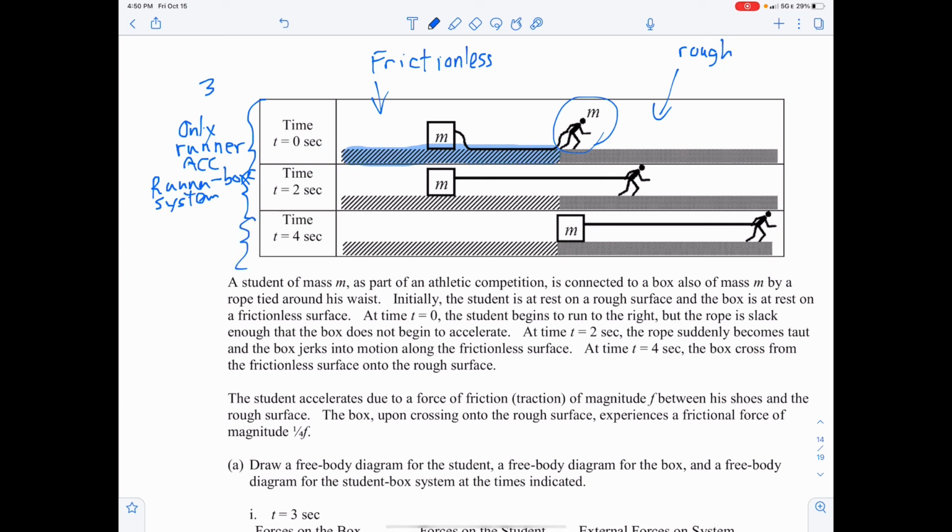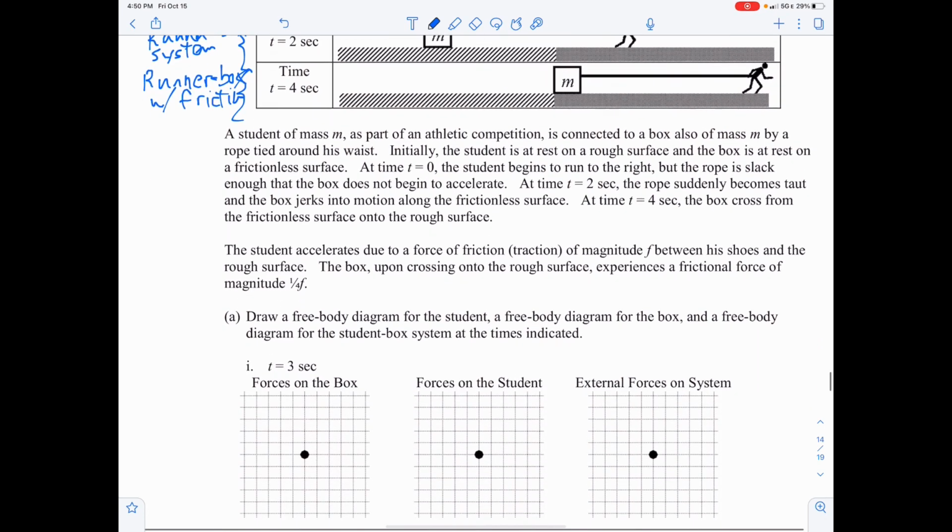Then from here to here, you have runner, box with box on rough surface. So runner box system, right, with friction on the box. Okay, so just sort of highlighting what's going on in the problem.